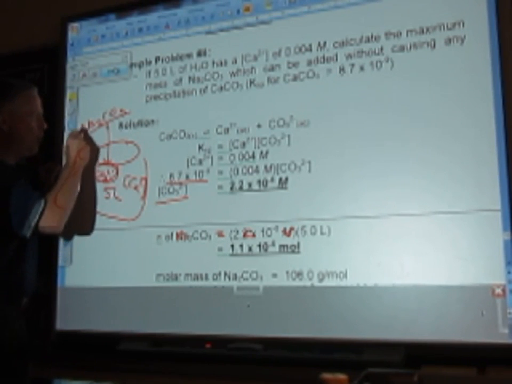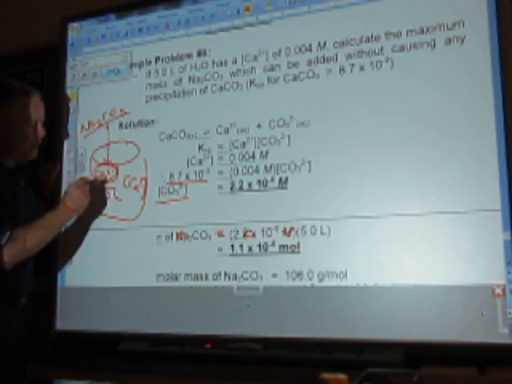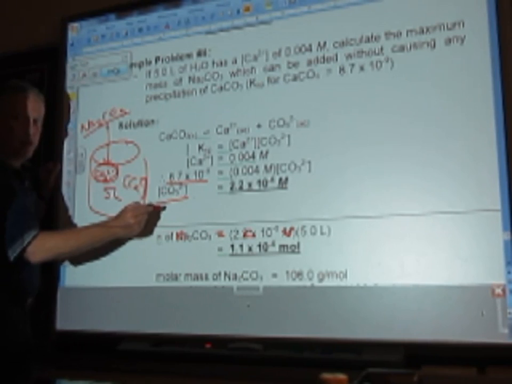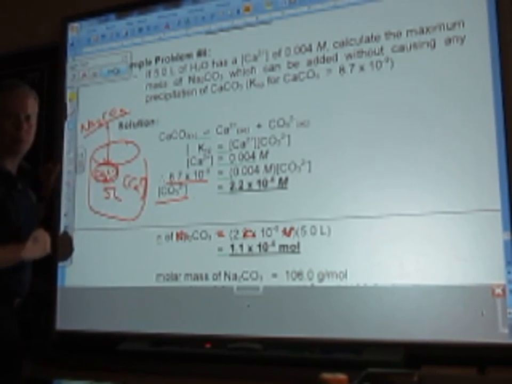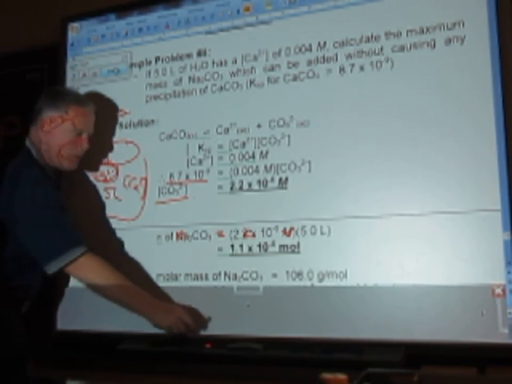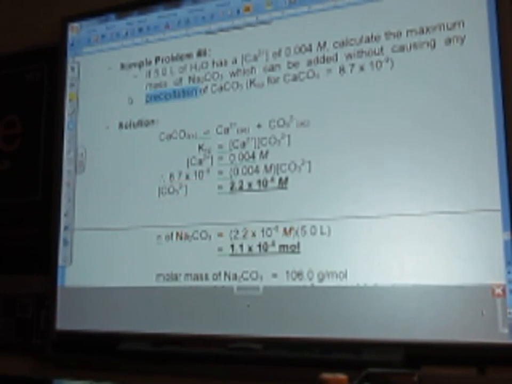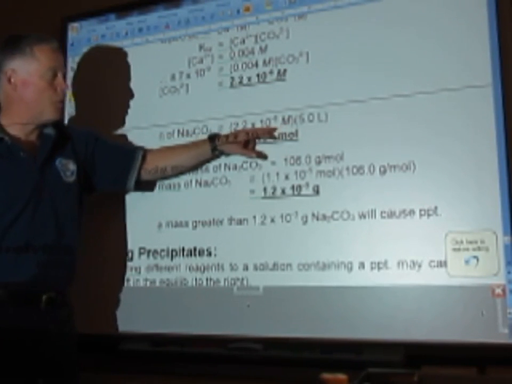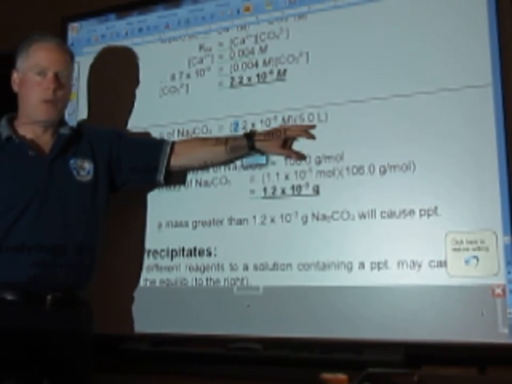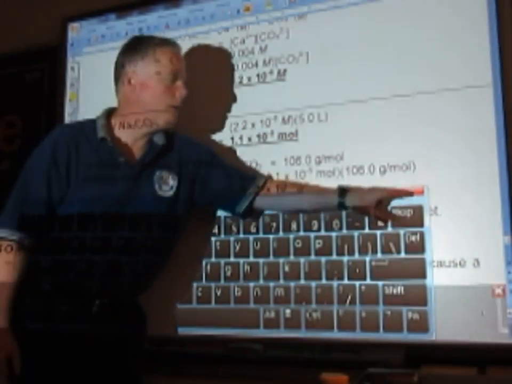So carbonate is 1-to-1 with sodium carbonate. So that means to generate this concentration of carbonate, I need this concentration of sodium carbonate. That's the concentration of sodium carbonate I'm going to have in here. Now if I know the concentration and I know my volume, how many moles of sodium carbonate does that represent?